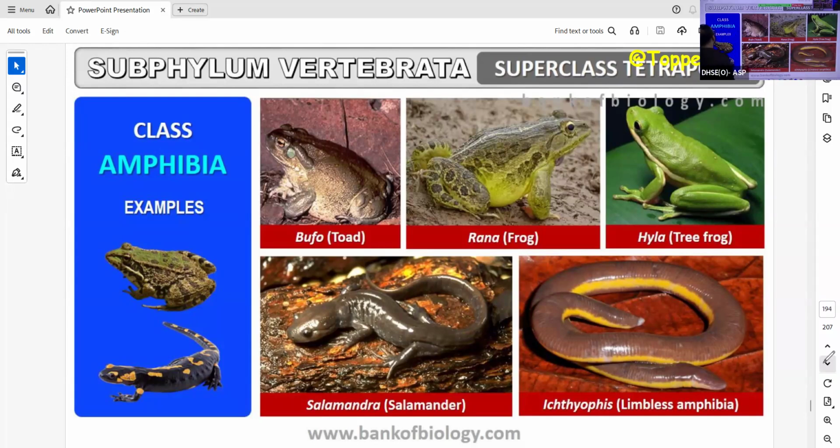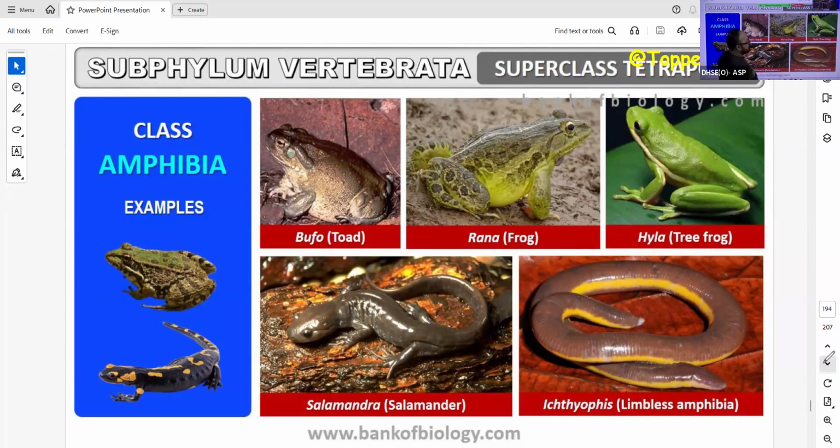Now, if you look at examples of members of the class Amphibia, they are Bufo melanostictus, the toad, Rana tigrina, the frog, Hyla, the tree frog, and the salamander. Ichthyophis is a limbless amphibian. It does not have limbs.